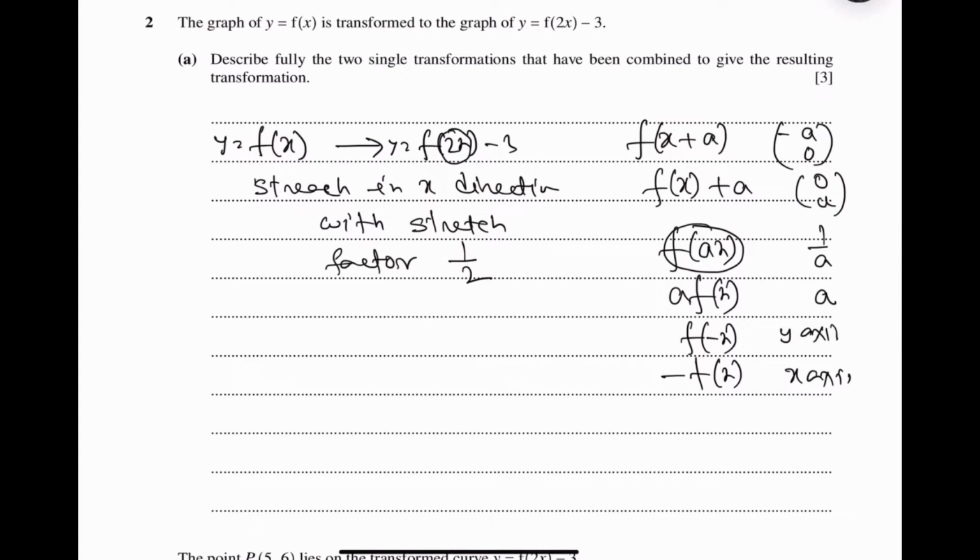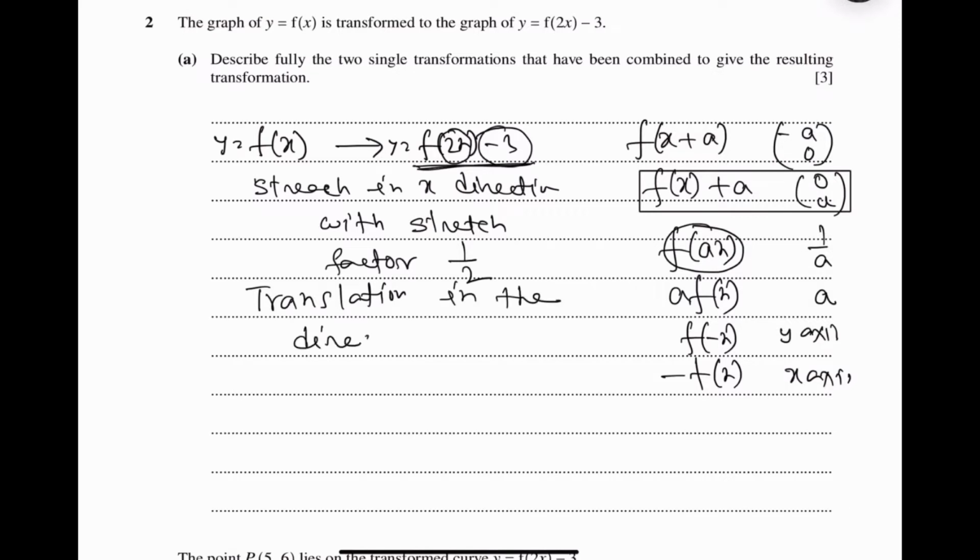Then the last part is minus 3, so it's matching with that. This is translation in the direction of y, so let me write here: translation in the direction of y with column vector 0, minus 3.